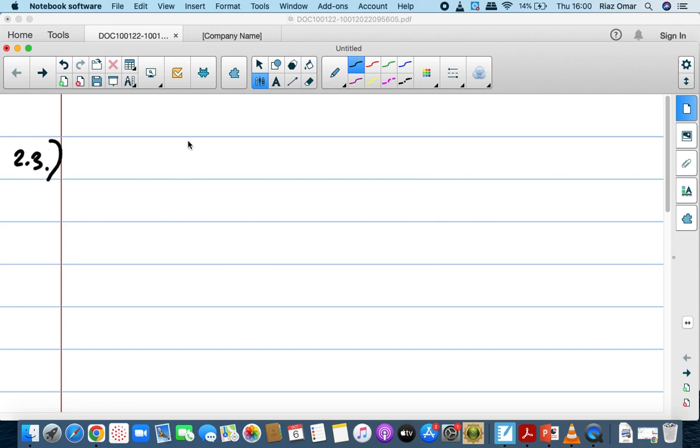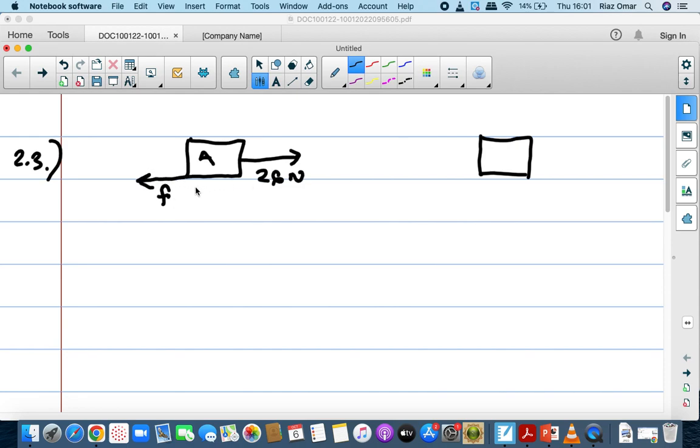So here's our block, block A, and here we'll have block B. If you look at block A, there's a force of 26 newtons pulling it to the right, and there's a frictional force pulling it to the left.